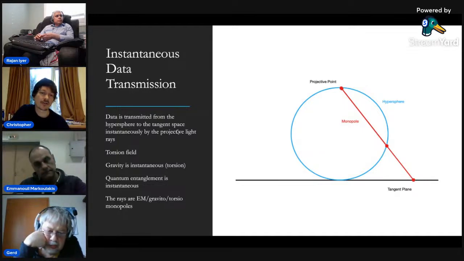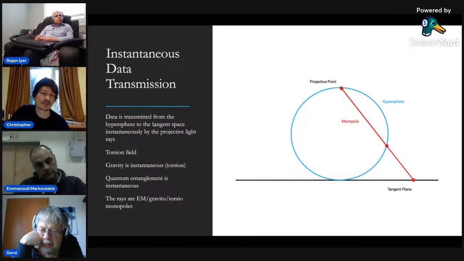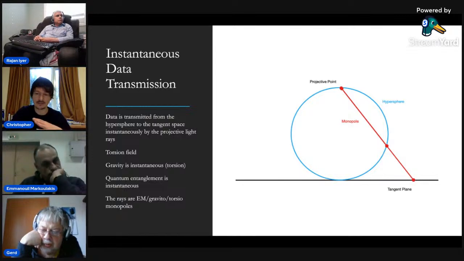Yeah, so that is the basis of a lot of this. Because data can be transmitted instantly from one entangled monopole or particle to another via the torsion effect of the monopole, it stands to reason that data can be transmitted from the hypersphere to the tangent plane instantly anyway.